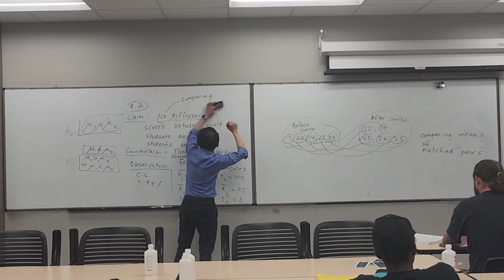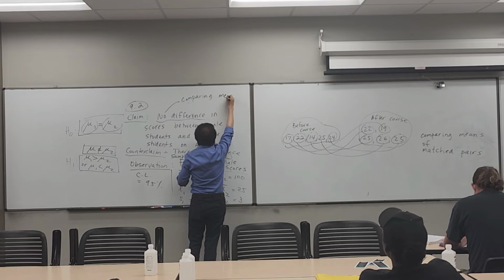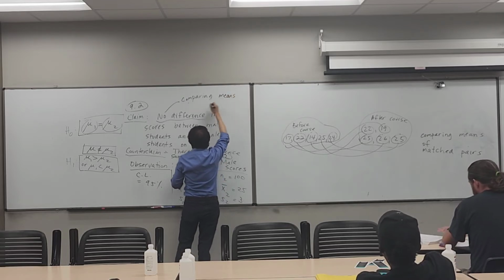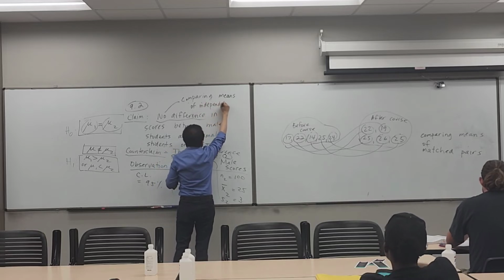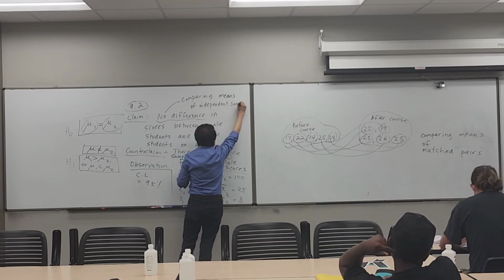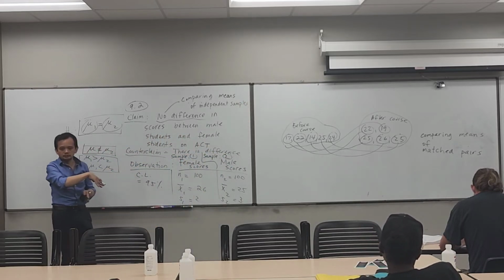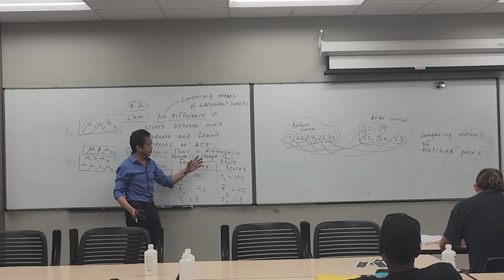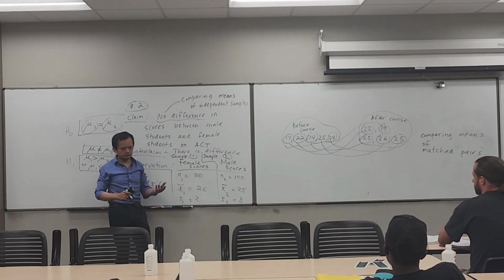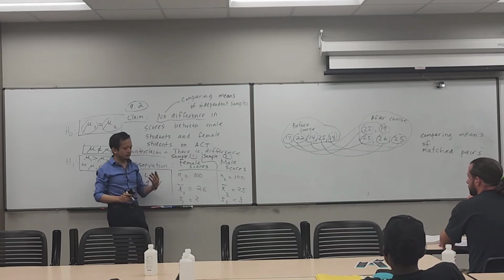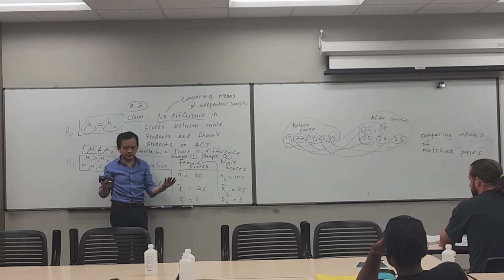All right, let me phrase it this way. Comparing means of independent samples. So before, in the previous example, if we compare test scores between females and males, there's really no benefit or no rationale for pairing each female with each male, because they're just random females and males anyway.